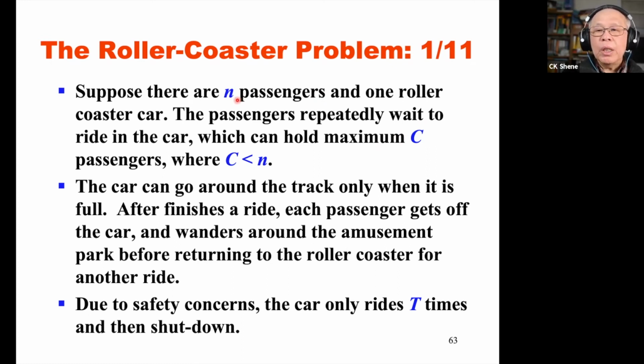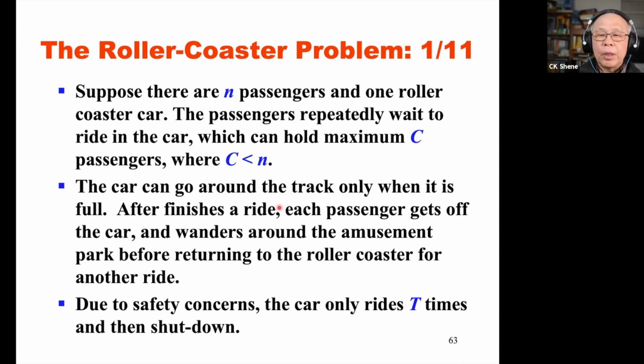So C is much smaller than the number of passengers. The car can go around the track only when it is full. That is, only if every seat of the car has been occupied. Then the car can start.